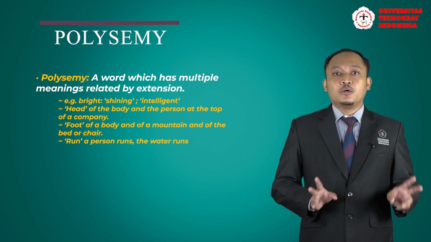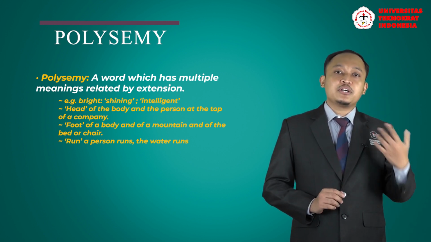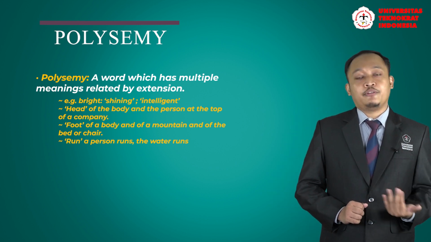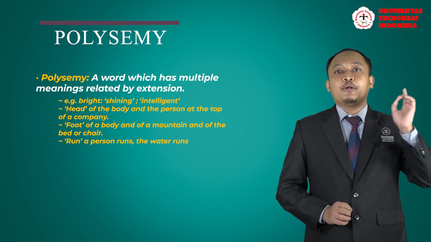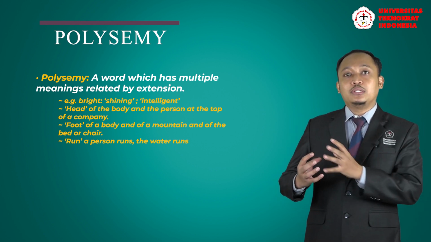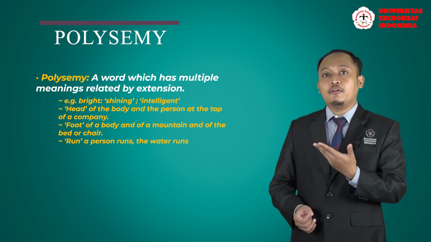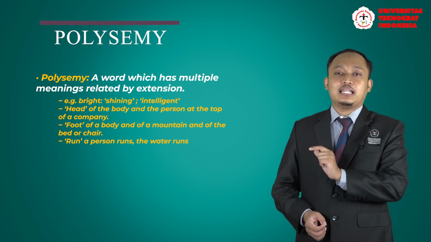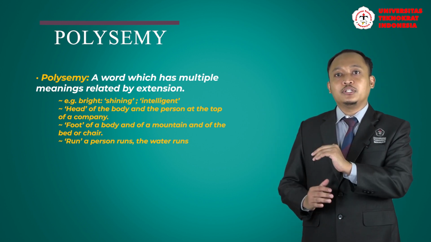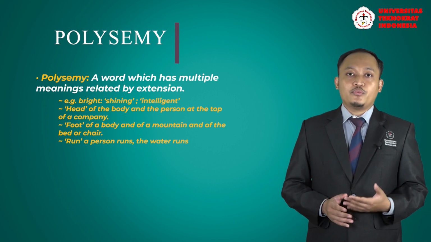But both of them have close relations of meaning, that both of them are on the top. For example, head in terms of part of the body is, let's say, the uppermost part that we have, and also the leaders in this context, like head of the village or head of the institution, is someone that is on the top level of the institution itself. So that is what we call polysemy.